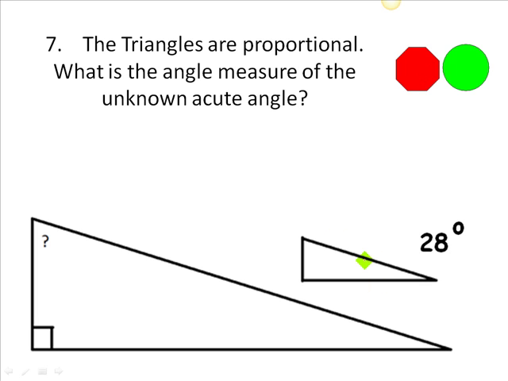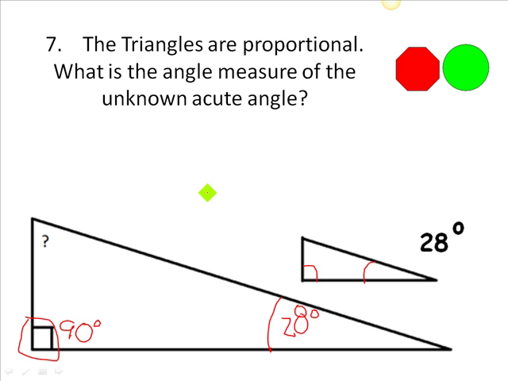Well, if these triangles are definitely proportional, and this right here means that it's 90 degrees, then that means that this is 90 degrees. If this is 28 degrees, then that means this is 28 degrees.